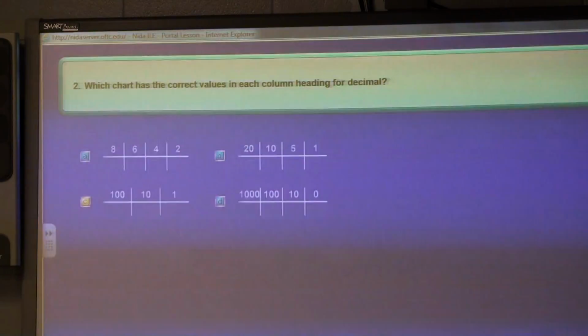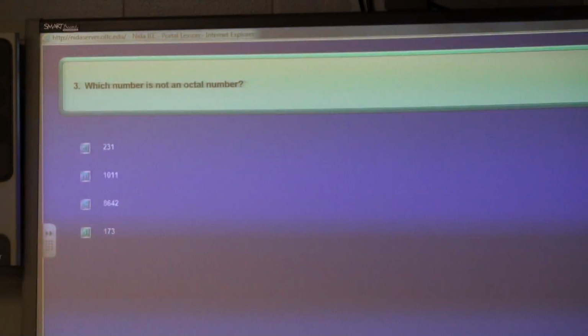So let's see. Which of those numbers is not an octal number? B. C. Yep, it's C. A could be decimal, it could be octal, it could be hex, but it can't be binary.